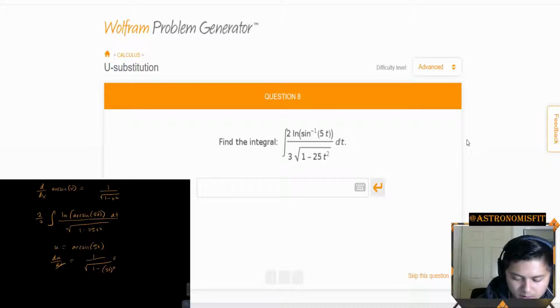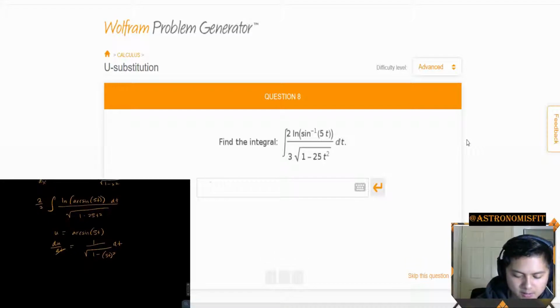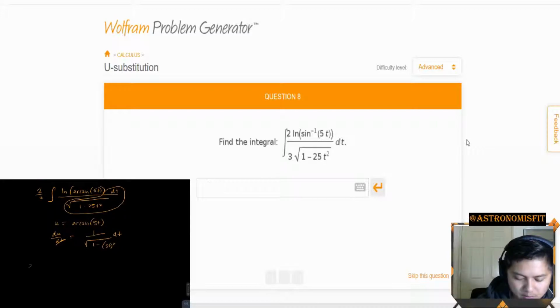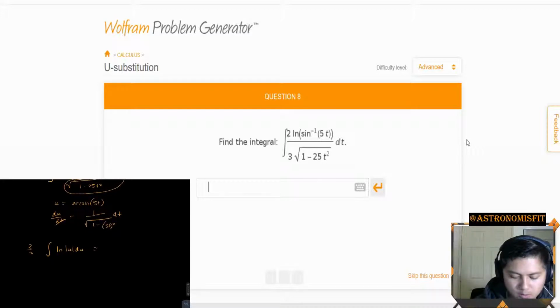Bring a dt on that side. So that becomes our du. So this essentially is our du. Okay, so essentially we have a 2/3 integral log of u du, and the integral of ln of u is just u ln u minus u plus c.